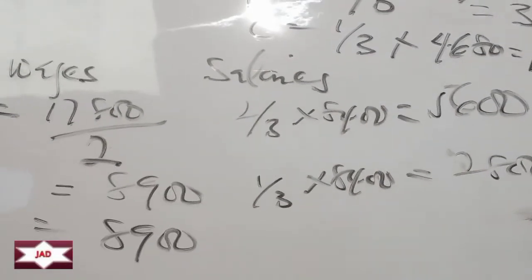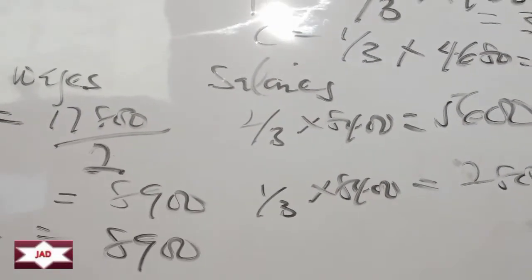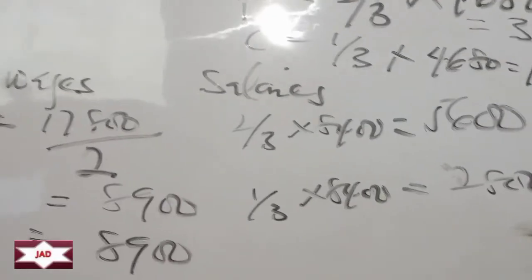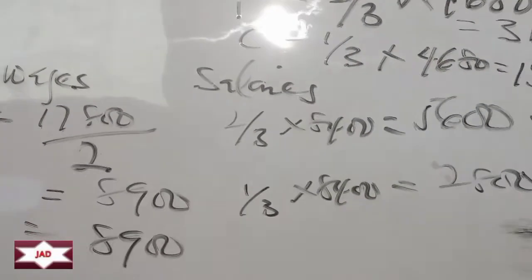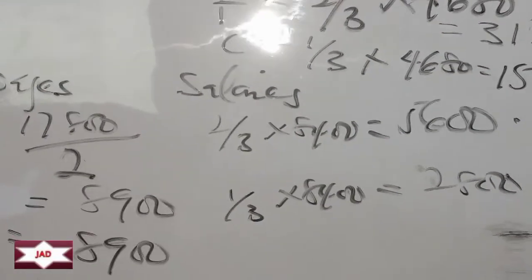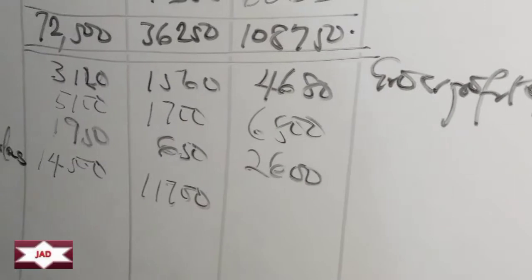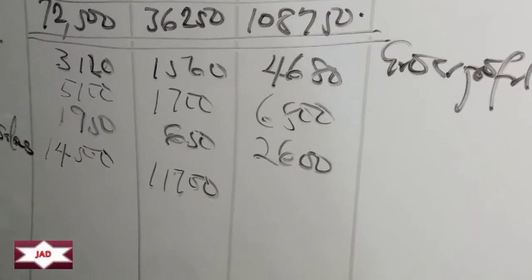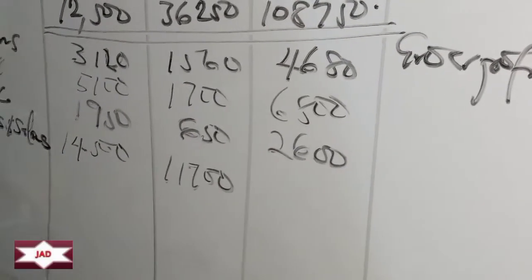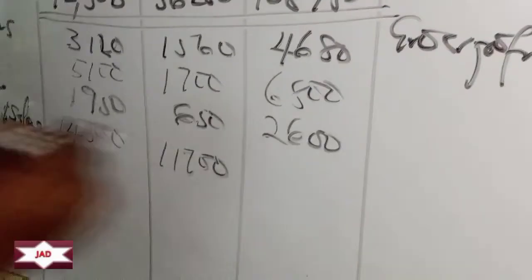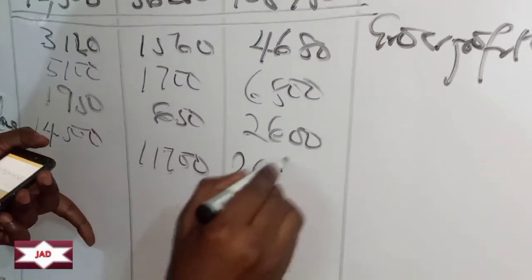So we have 8,900 plus 2,800. That's 11,700. So the total is 14,500 plus 11,700. That's 26,200.